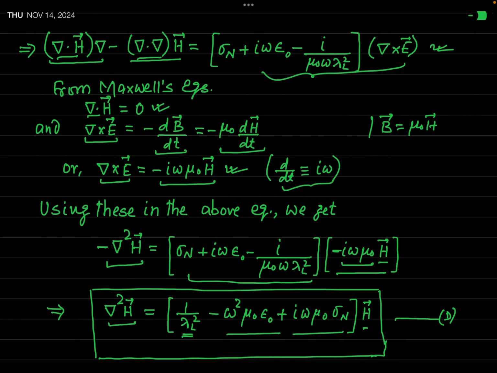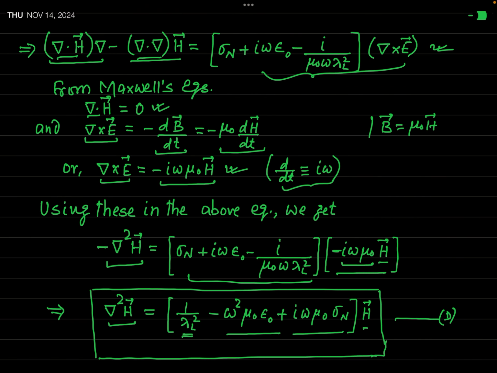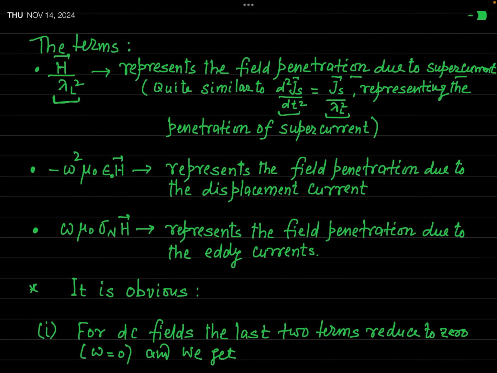Instead of the d square by dt square operator, here there is the del square H operator. So what does this term H over lambda L square represent? This represents the field penetration due to the supercurrent.